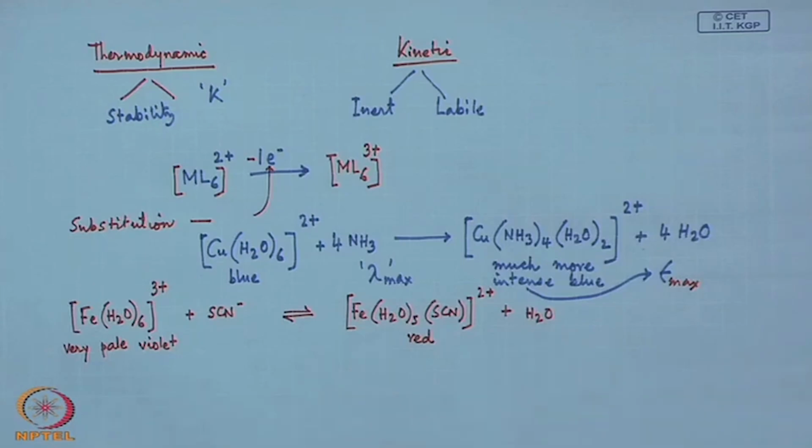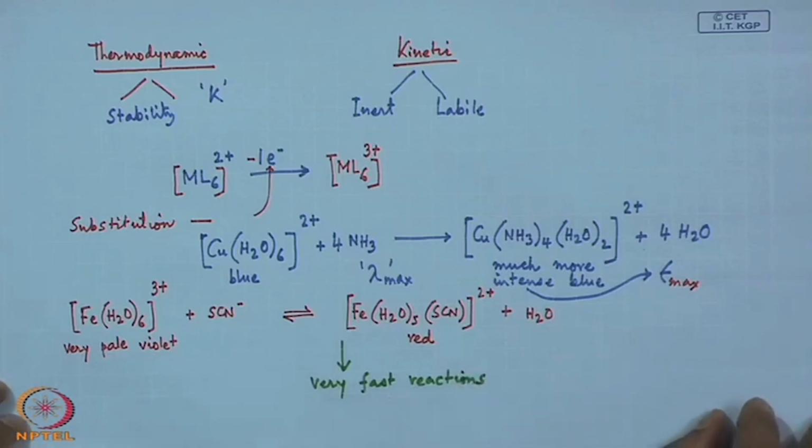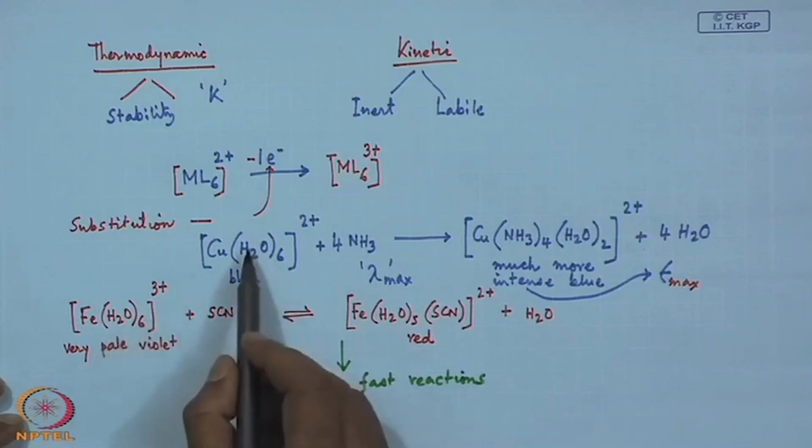That basically gives us the corresponding reaction, and this red color formation is very fast. These are very fast reactions. This copper compound and this iron compound, both of them are aqua compounds.